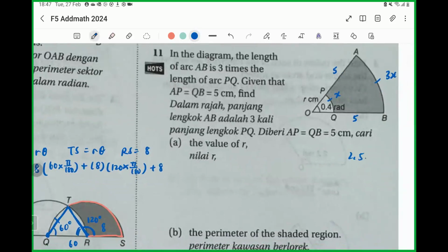You have the length of arc, right? So form the equation of length of arc. Guys, remember, one is x, another one is 3x.